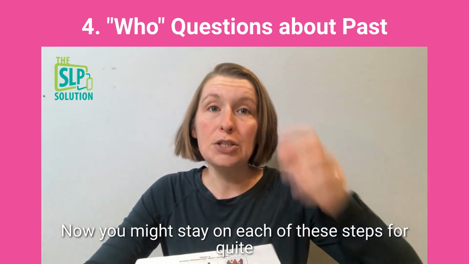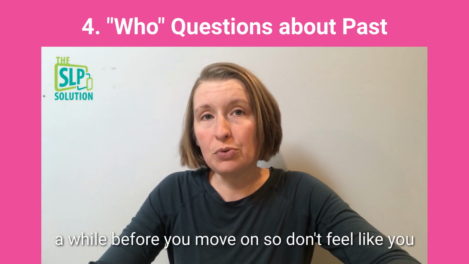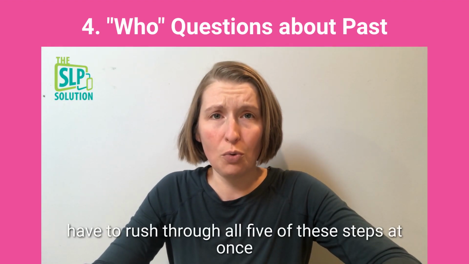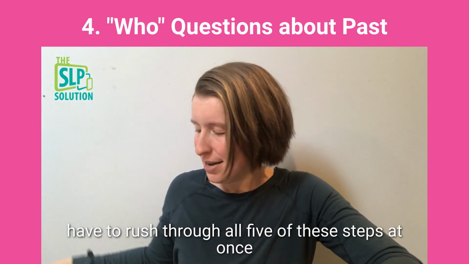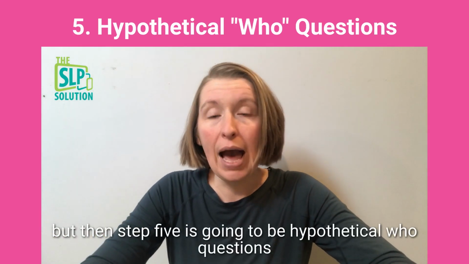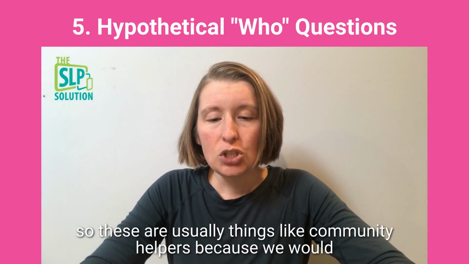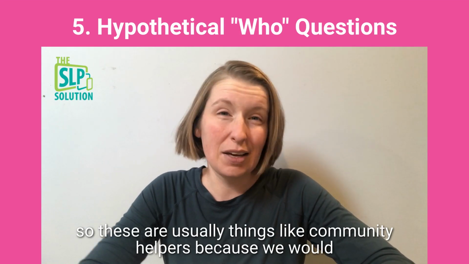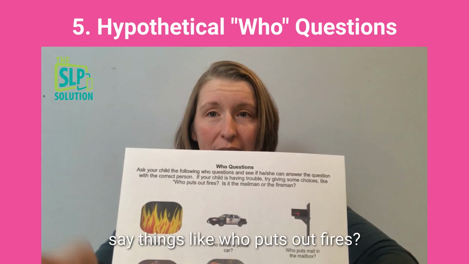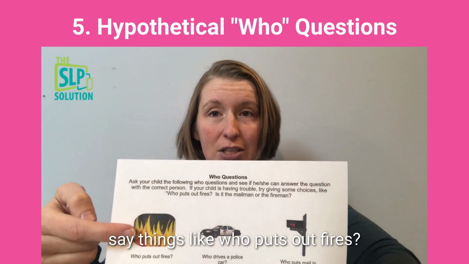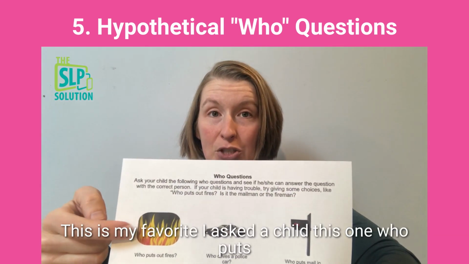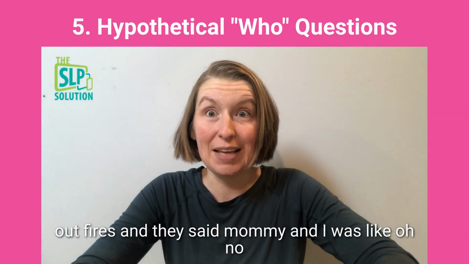Now you might stay on each of these steps for quite a while before you move on, so don't feel like you have to rush through all 5 of these steps at once. But then step 5 is going to be hypothetical who questions. So these are usually things like community helpers, because we would say things like, who puts out fires? This is my favorite. I asked a child this once, who puts out fires? And they said, Mommy.